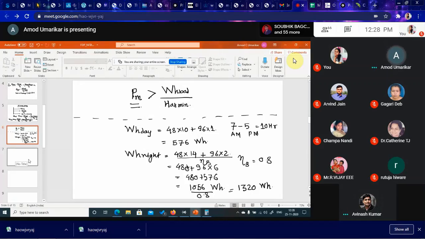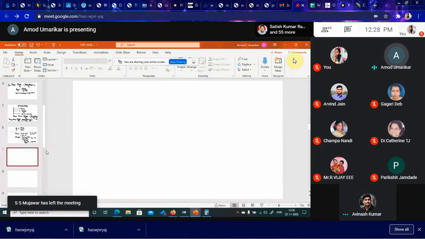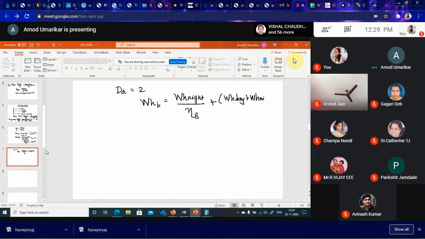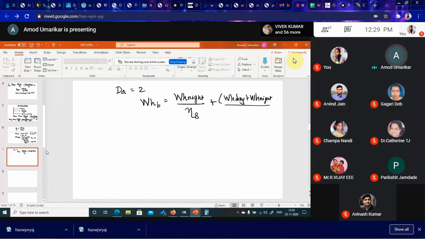What we are doing is battery sizing. So what will be the battery sizing? Let's say days of autonomy are 2. So the total battery sizing is WH night upon eta b, plus WH day plus WH night upon eta b, multiplied by 2.